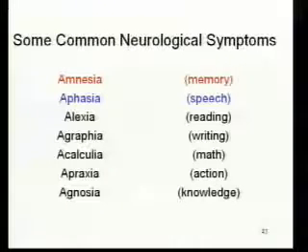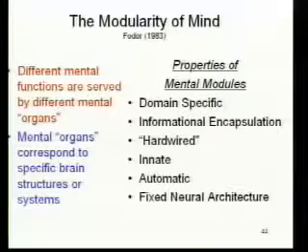In fact, now we believe that there is so much functional specialization in different parts of the brain that cognitive psychology and cognitive neuroscience has adopted what might be called a doctrine of modularity.